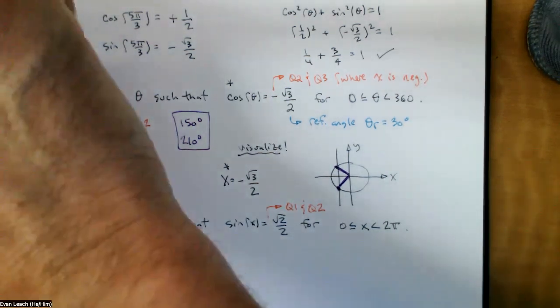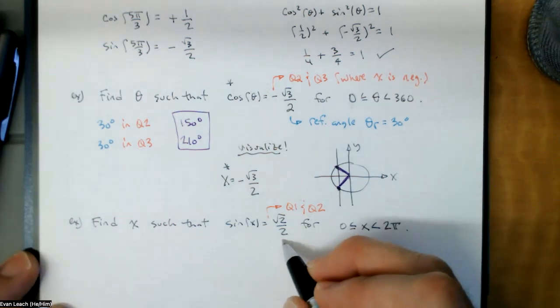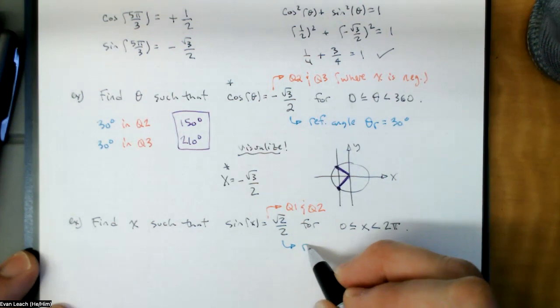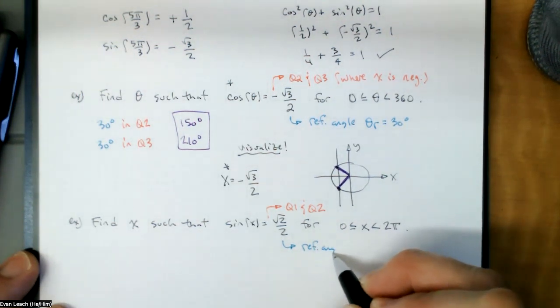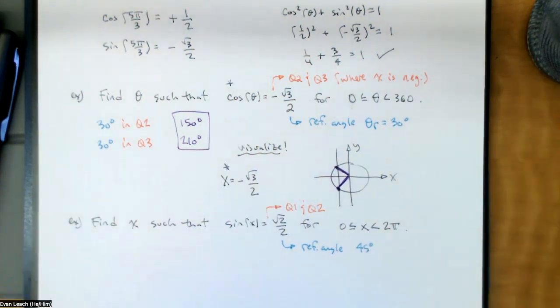What is our reference angle when we have sine and root 2 over 2? Actually, just with the root 2 over 2, what's our reference angle? 45 degrees. Oh, the problem's in radians though. So what's 45 degrees in radians? 45 is correct, but that's in degrees, right?